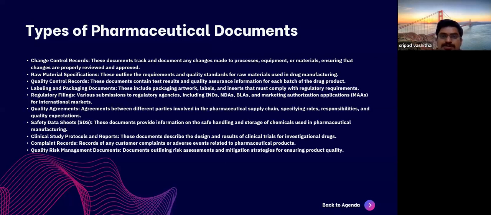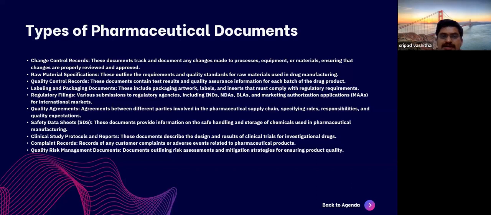Artwork is basically the secondary packaging in most of the cases. Even that has to be submitted and also approved. Yeah. Labels is something which is your primary packaging, which is mostly in contact with your product. Okay. All these have to be compliant with each of the regional HAs or as per the regulatory requirements. So all these in general are commonly termed as labeling and packaging documents.